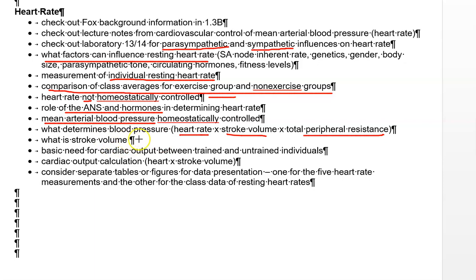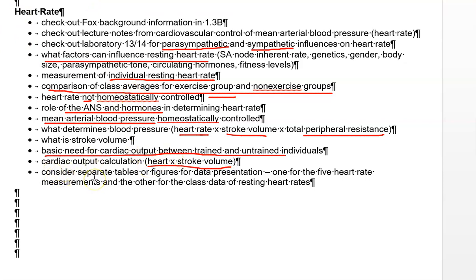You should talk a little about stroke volume, because that's what really changes as you become a better trained individual. You have a higher stroke volume, which means your heart rate is going to go slower to compensate for that bigger stroke volume, because you need the same cardiac output. So you should mention how the basic need for cardiac output between trained and untrained individuals doesn't change. How you calculate cardiac output, probably should mention heart rate and stroke volume.